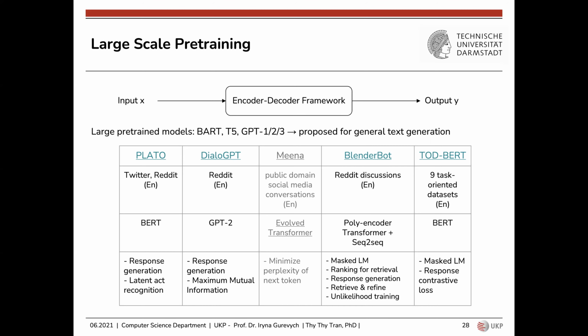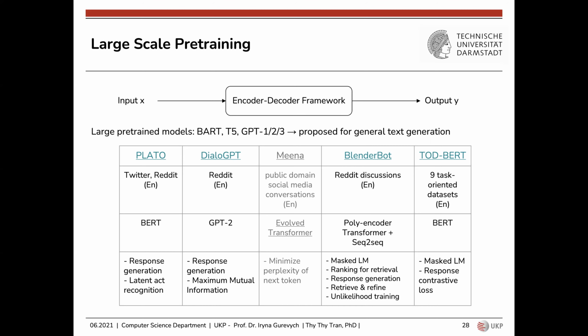BlenderBot uses a poly-encoder transformer that produces multiple representations for a context, while the others only have a single representation for the context. So most models are trained by generating responses.